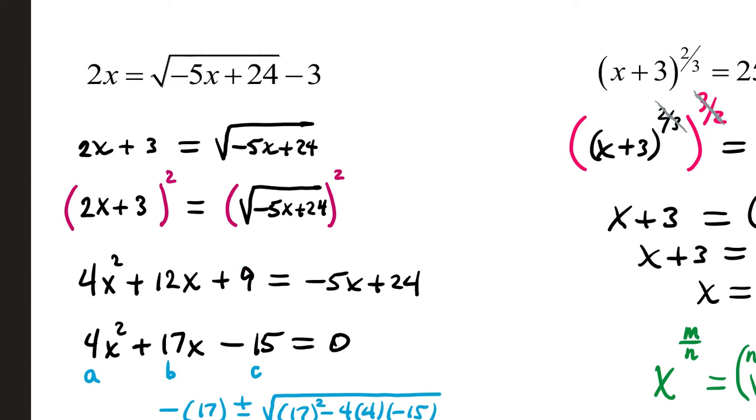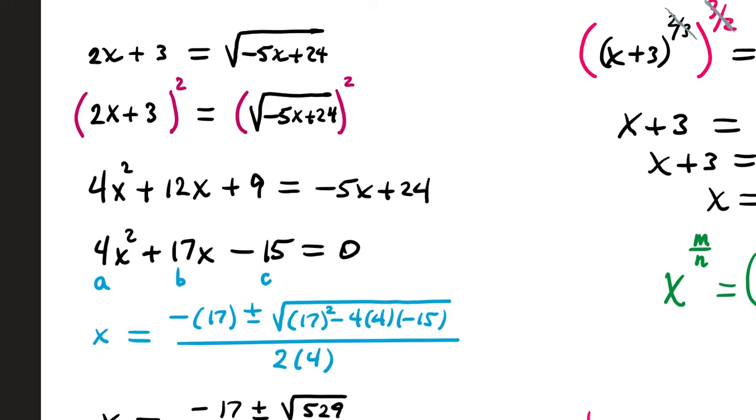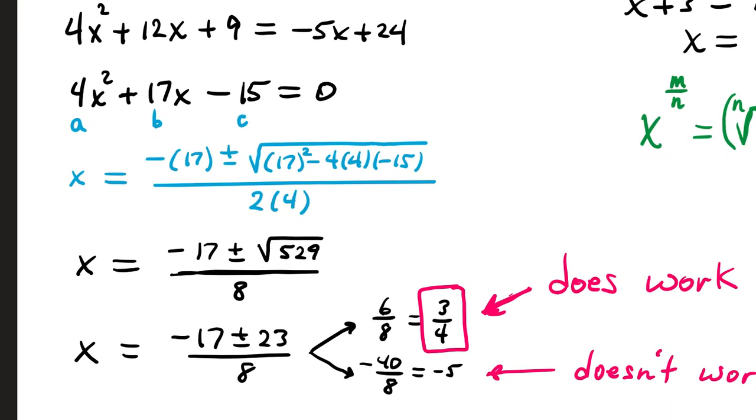This can be factored, but if you're not comfortable factoring one this size, that's okay. I totally get it. You can always fall back on quadratic formula. A is 4, B is 17, C is negative 15. Plug these 3 values into your quadratic formula, you get negative 17 plus or minus the square root of b squared minus 4ac.